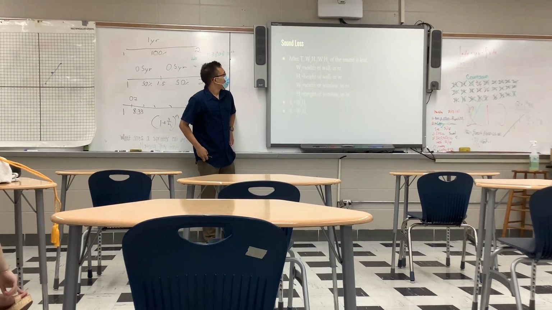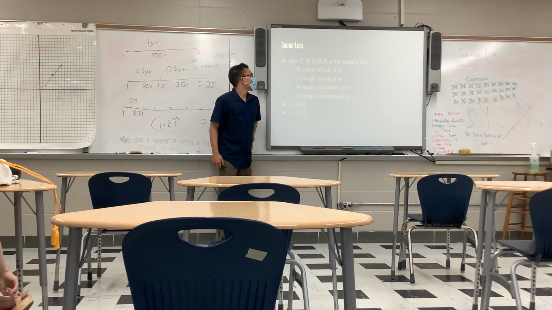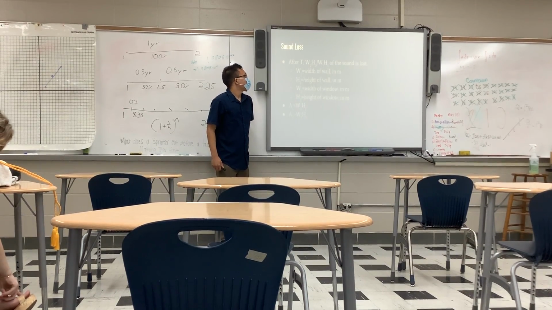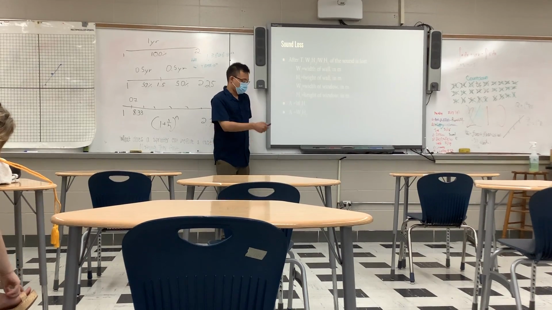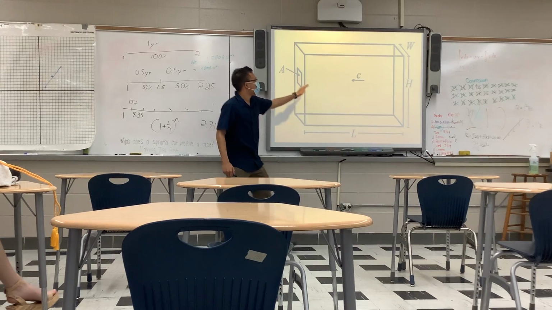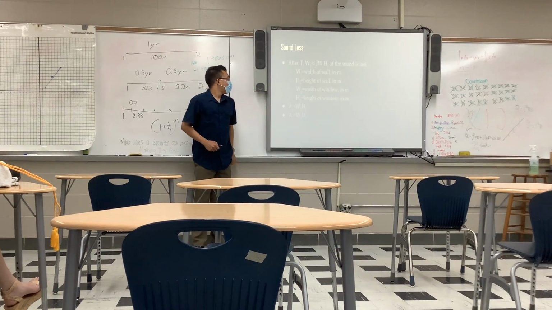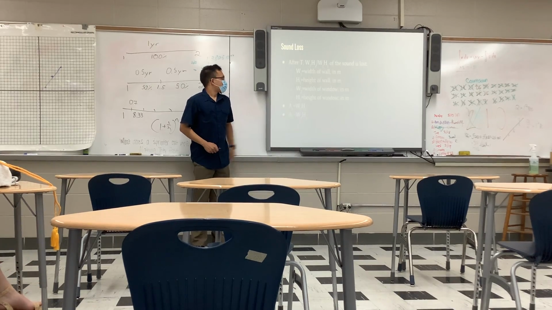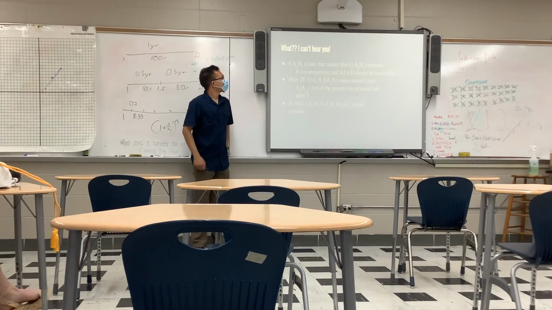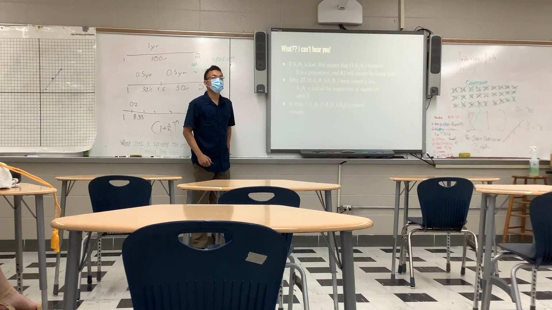Moving on. So after a time span of T, area 2 over area 1 of the sound is lost. The proportion measuring between this area over this area. So what does it mean that that sound is lost?